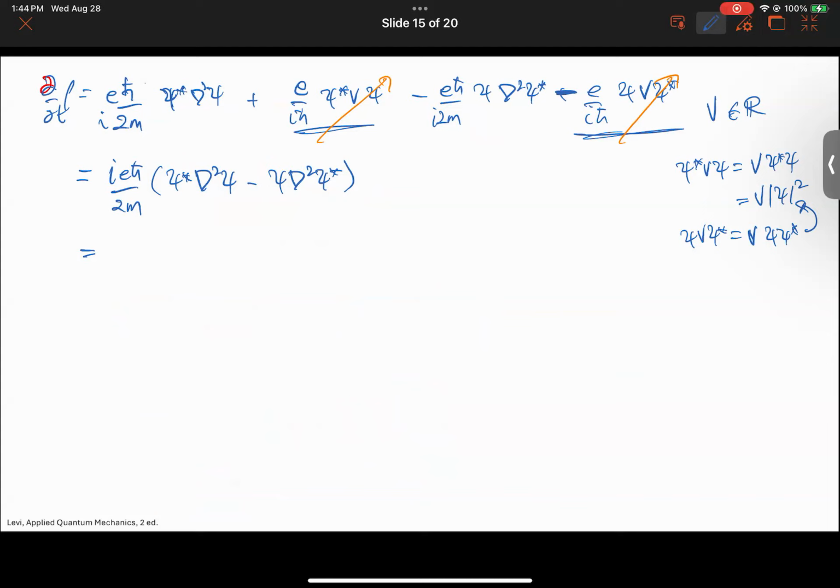Okay, the signs here are correct. So iħ over 2m.